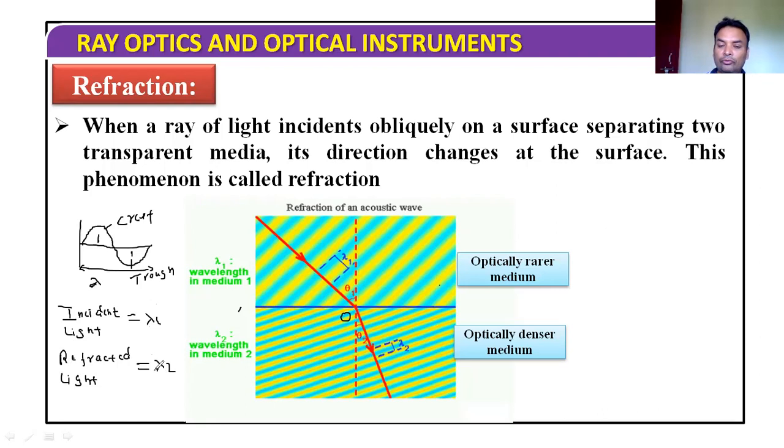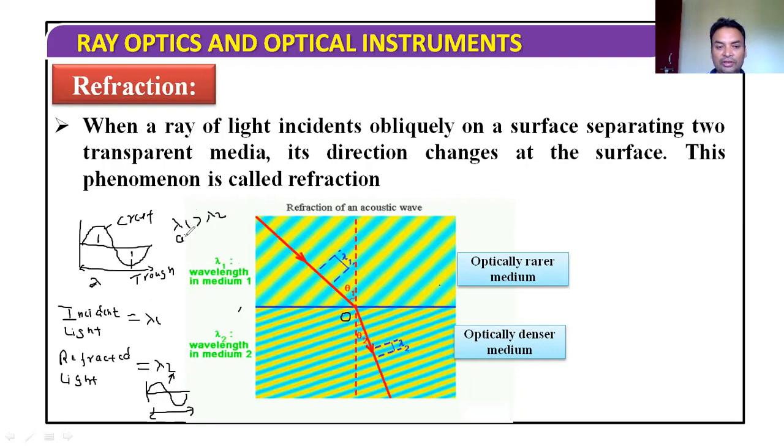So now we can compare lambda 1 and lambda 2. Lambda 2 is much lesser than lambda 1. So when the light enters into an optically denser medium, its wavelength reduces. Lambda 1 is greater than lambda 2.